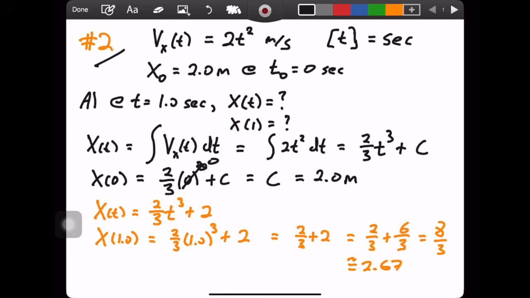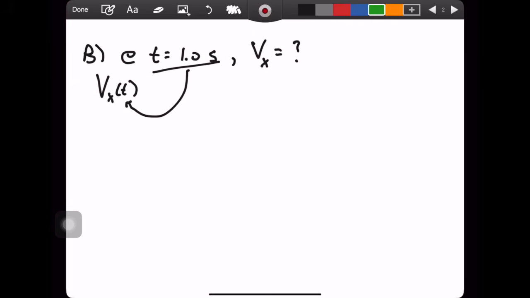So let's go back. We already have this expression: vx of t equals 2t squared, and we want to solve this for when t equals 1.0 seconds.